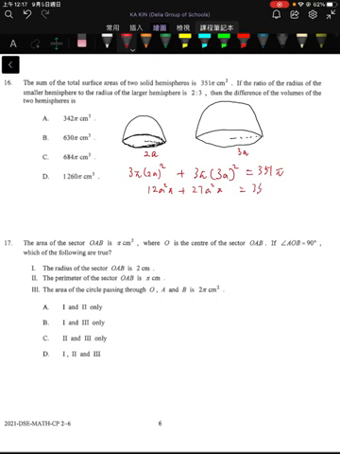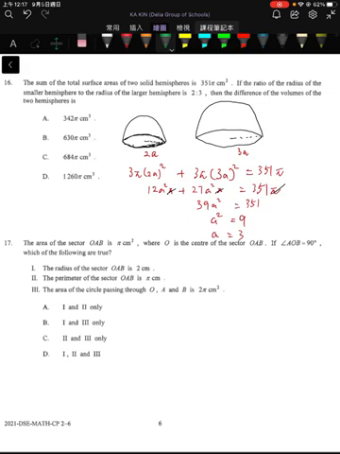On the right hand side, nothing changes, so we just copy. Because every term has pi, we can cancel the pi. Then the equation simplifies to 39a squared equal to 351, so a squared is equal to 9, and finally a equals 3.